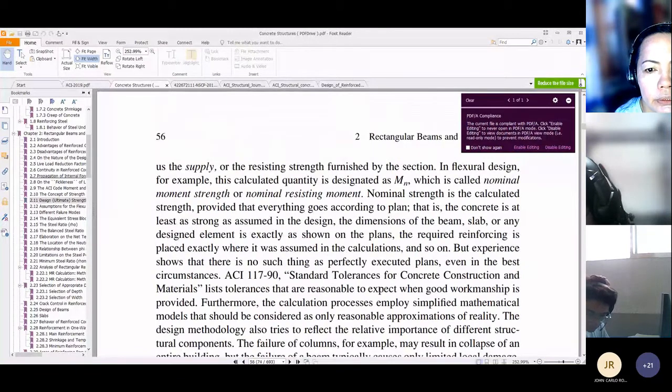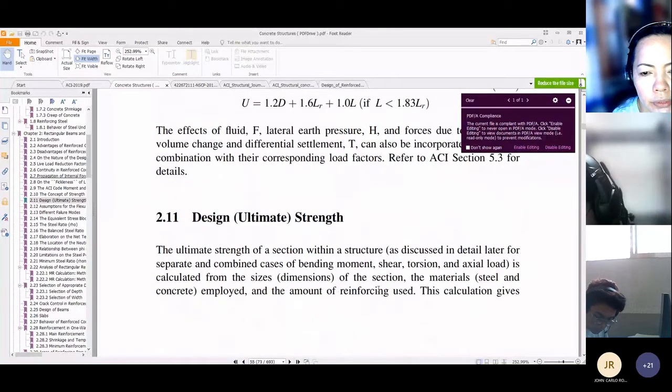So the design of the ultimate strength of a section within a structure is part and parcel of the calculation of the dimensions of the section, the materials, and the amount of the reinforcing that you are going to use.